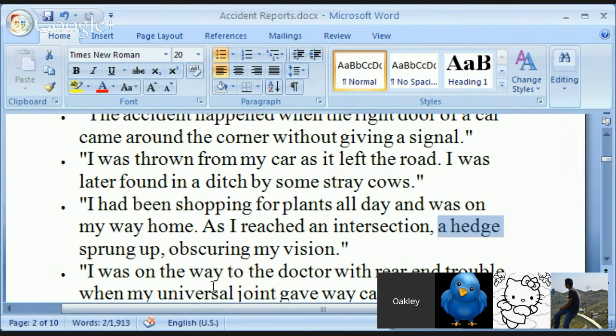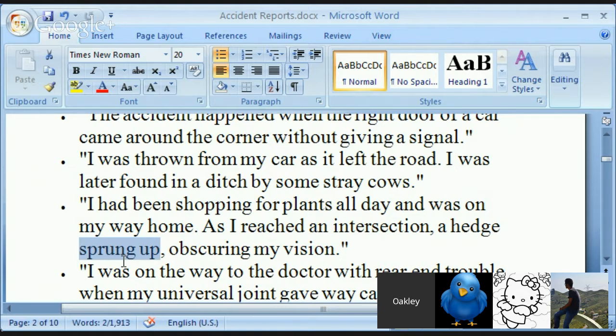So, Abimelech, what is strange about this? As I reached an intersection, a hedge sprang up, obscuring my vision. Well, okay. It's a little strange that a bush sprung up. It sounds like the bush jumped into the air, which I've rarely seen bushes, flowers, or even vegetables jump into the air.